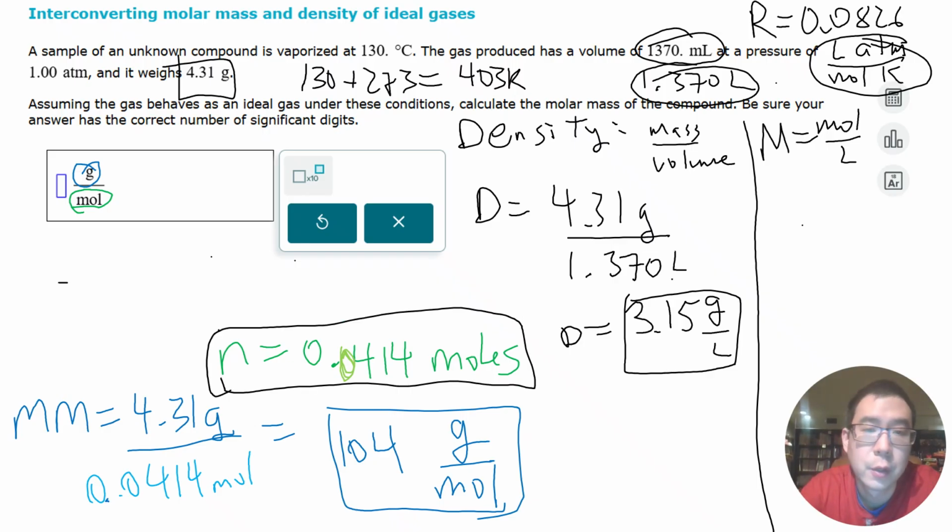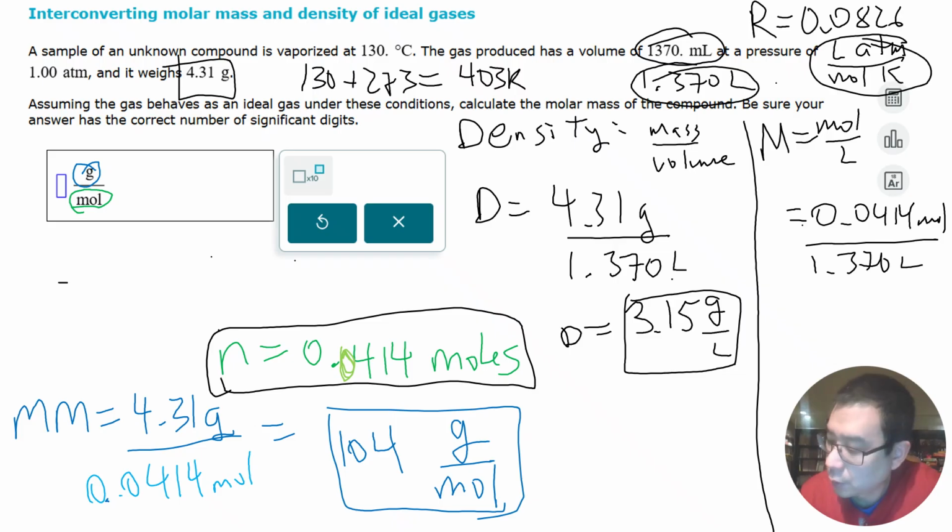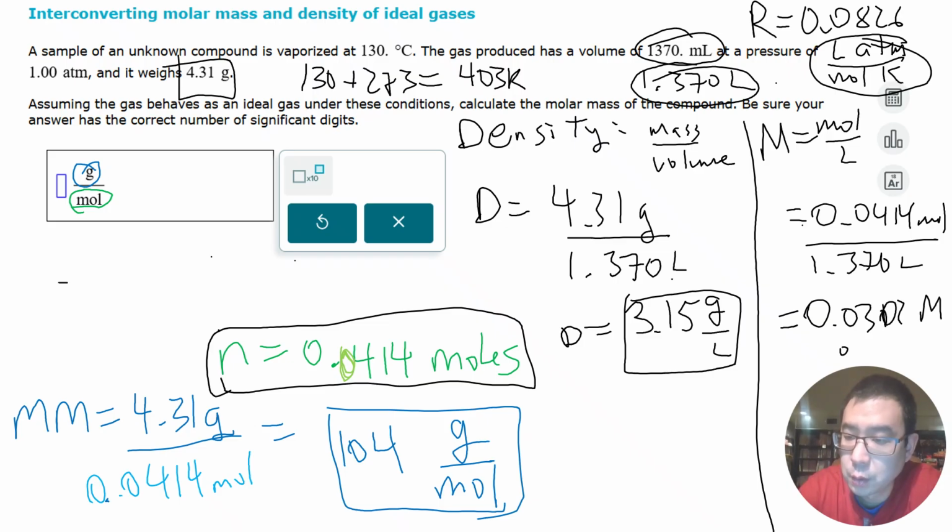We got moles, and we have the same number of liters. So the molarity equals 0.0414 moles divided by 1.370 liters, and that equals 0.0302 molar, or moles per liter.